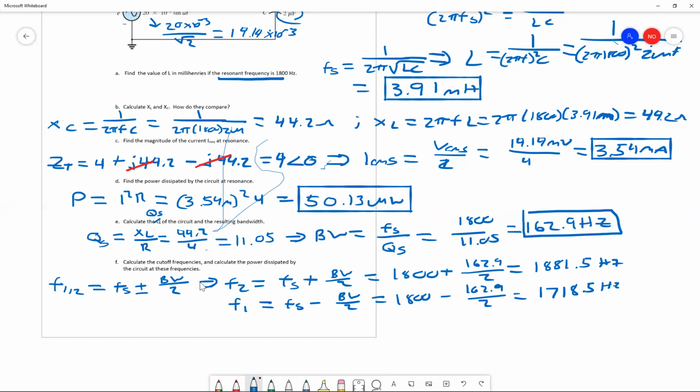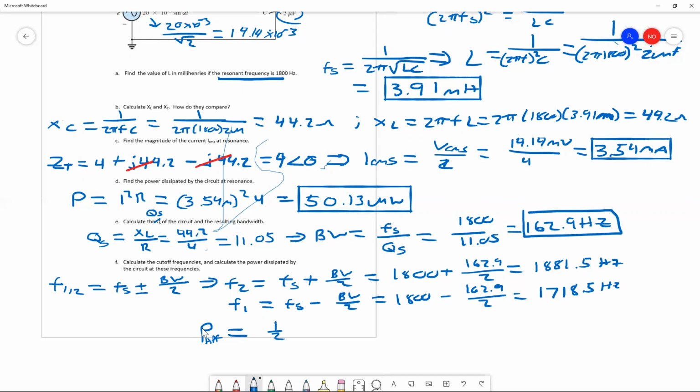Finally, they want to know the power dissipated at the frequencies. So what we do is we take the circuits, and if you look at the equation sheet again, we'll notice we have an equation for the high pass filter, which is 1/2 the maximum power. So we take our power we found here, and we'll say that's high pass filter.